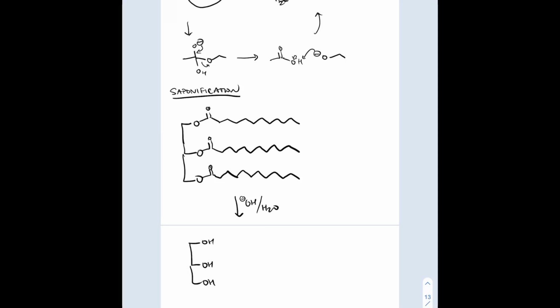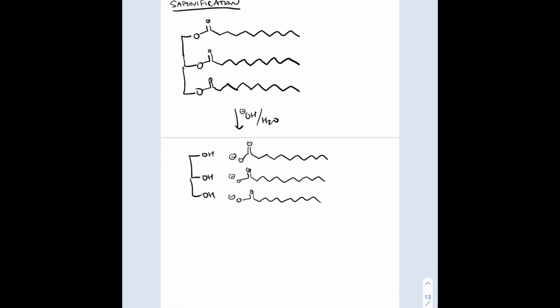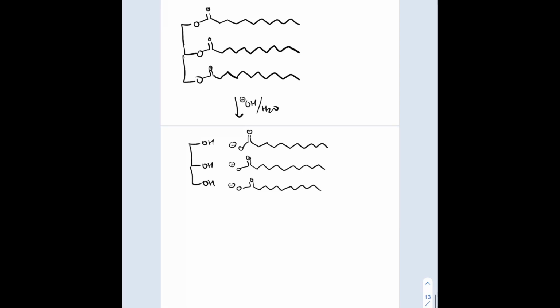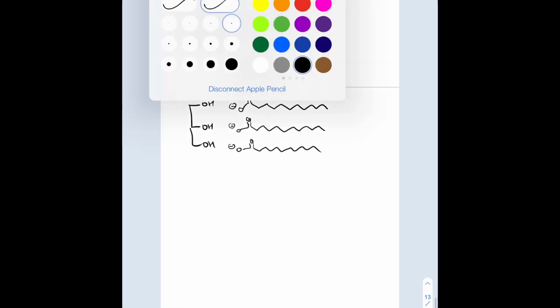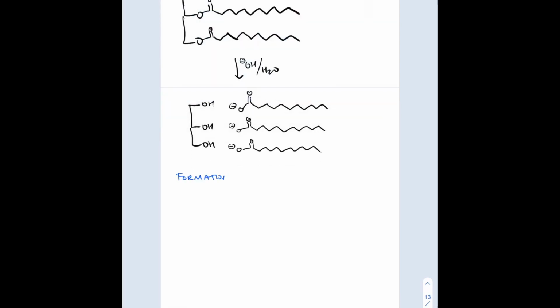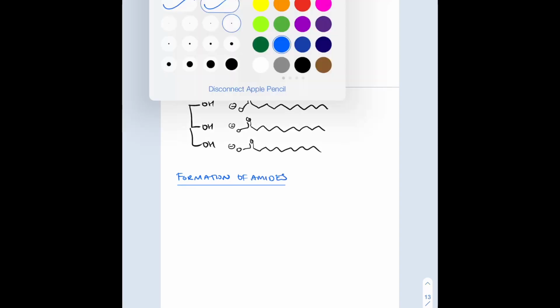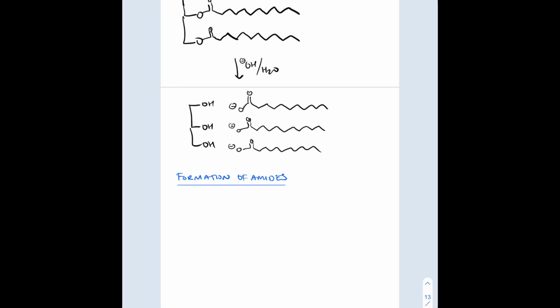And so this is basically a triglyceride or triacylglycerol, and it's basically glycerol combined with 3 fatty acids, and those are all esters, and so they undergo hydrolysis in the presence of base, and you get 3 carboxylates. And remember, these 3 carboxylates actually form the micelle for soap. So there you have it. Now you can make soap in your bathtub.